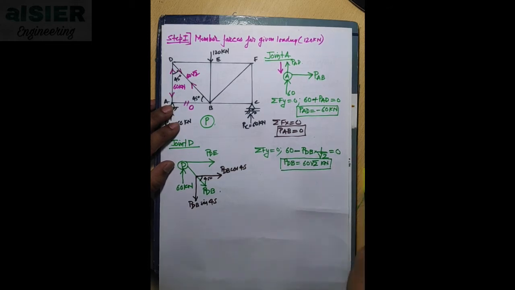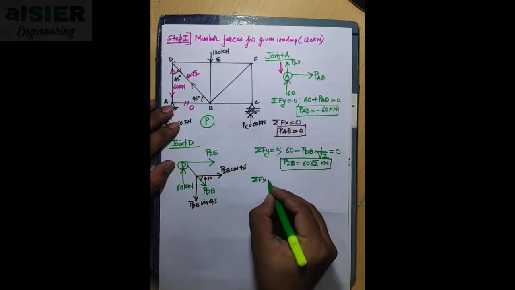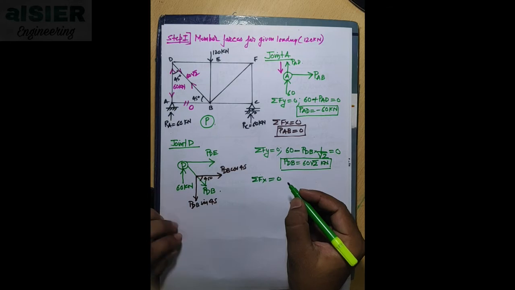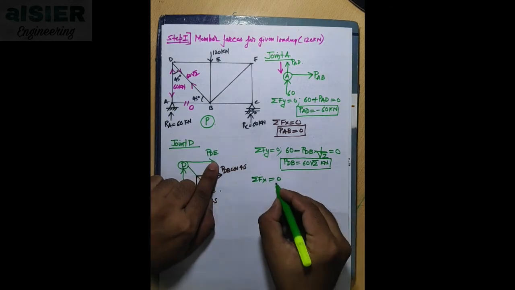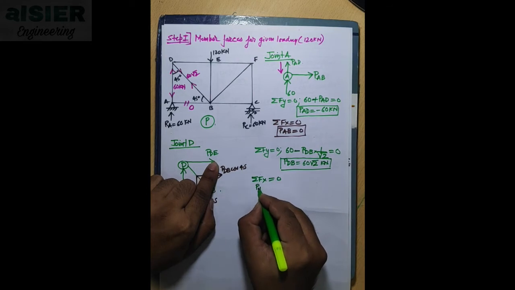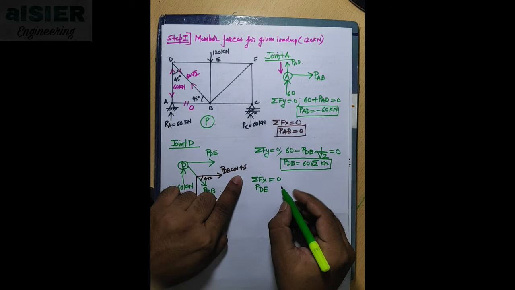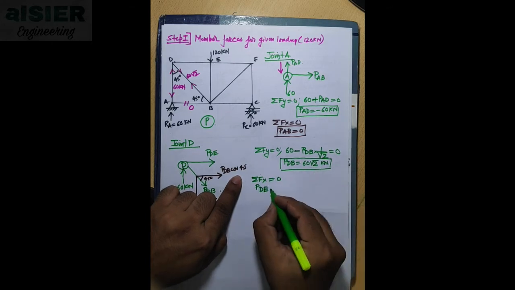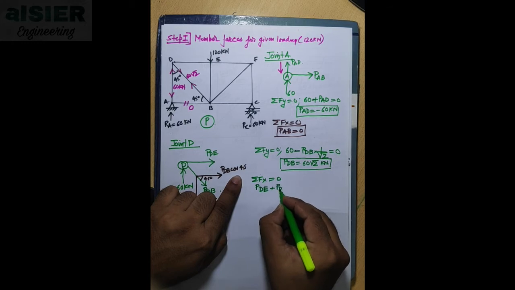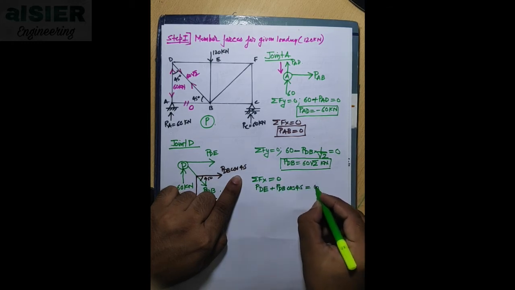Now next is summation of Fx equals 0. So how many forces are there? There are two forces. PDE is going towards right as well as this PDB is also going towards right, and value of PDB is 60 root 2. So let me write first PDE plus PDB cos 45 equals 0.